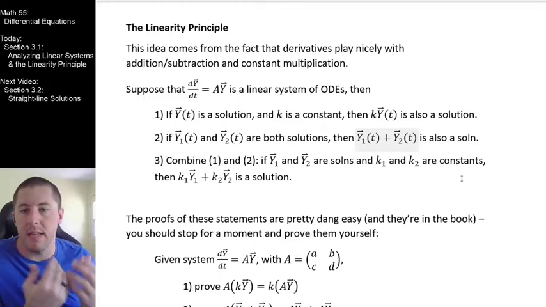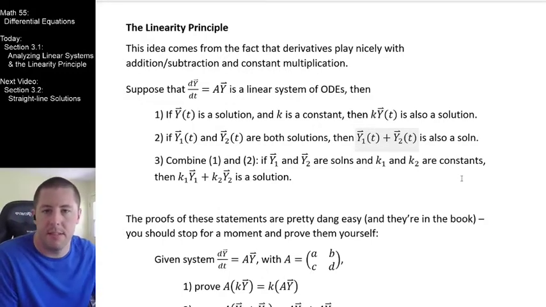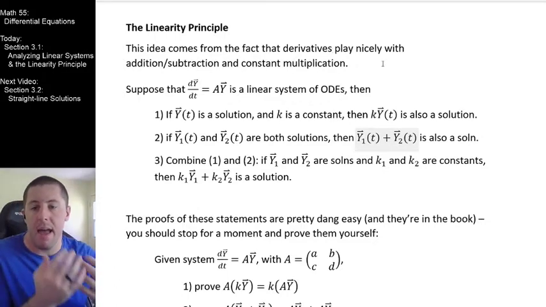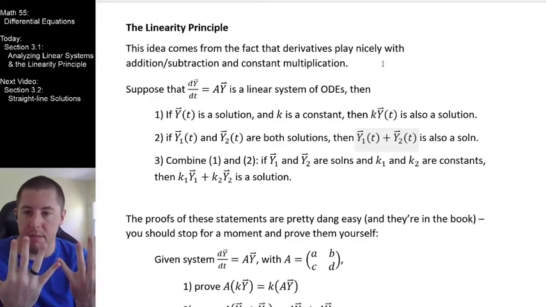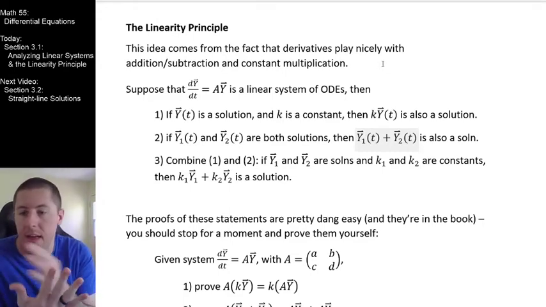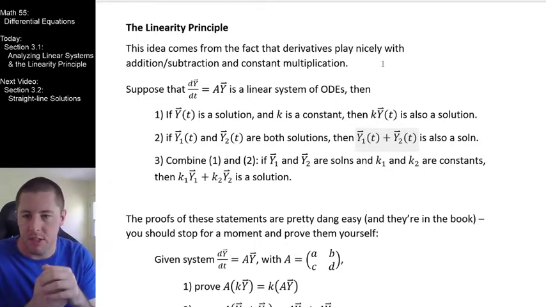In one sentence, that's what the linearity principle is doing, and it's why this is working out the way it is. The idea comes from the fact that derivatives play nicely with addition, subtraction, and constant multiplication. If I have a function that is a sum of many functions, I don't need to worry about that addition or subtraction. In a sense, the derivative distributes across addition and subtraction.